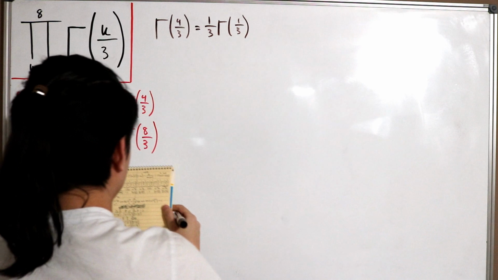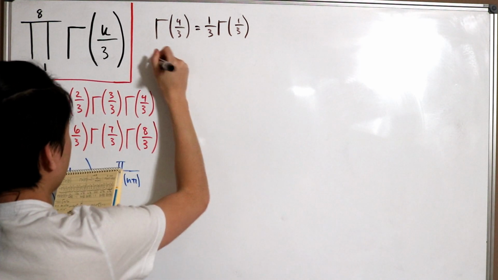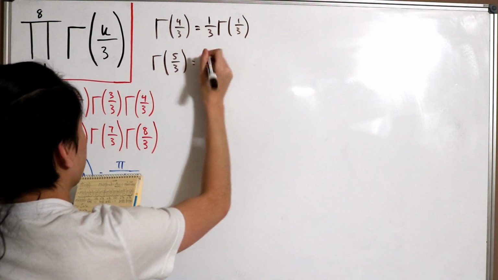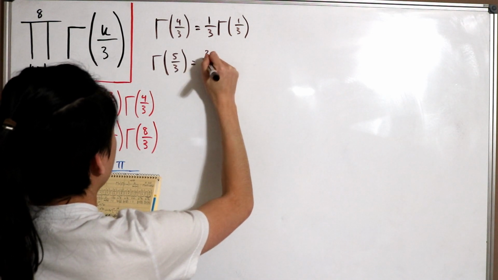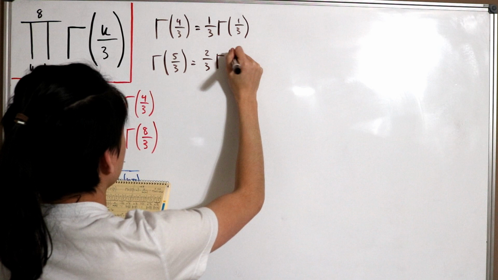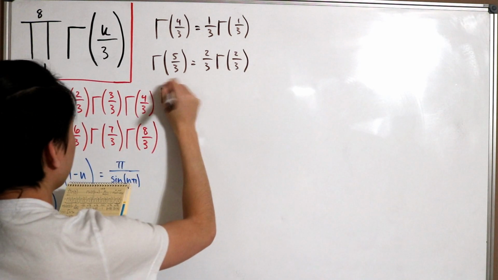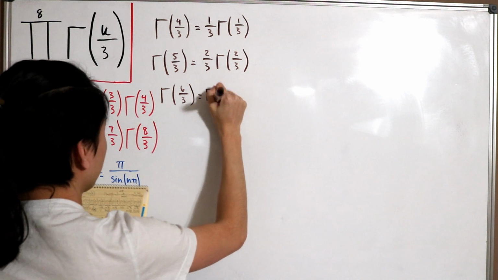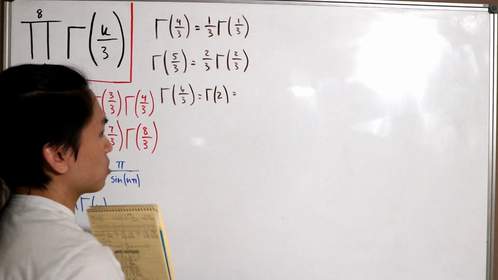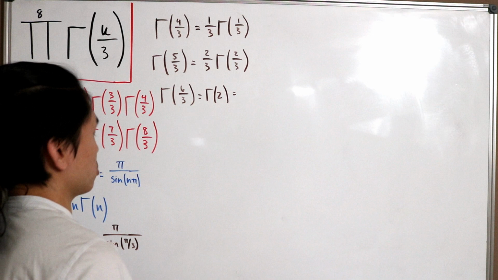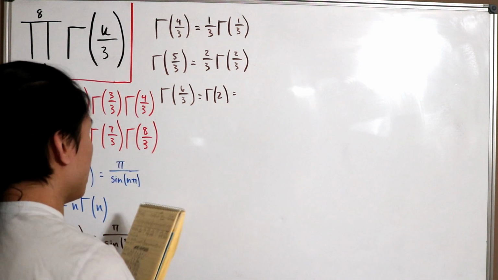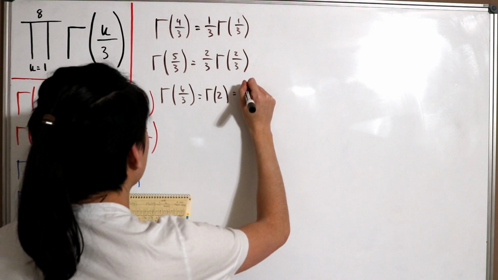Now gamma of 5 over 3: same thing again, except n is 2 over 3, multiplied by gamma of 2 over 3. Next is gamma of 6 over 3, which is just gamma of 2. I'm going to leave this as an exercise for you: use the integral representation of gamma and compute from there. It equals 1.